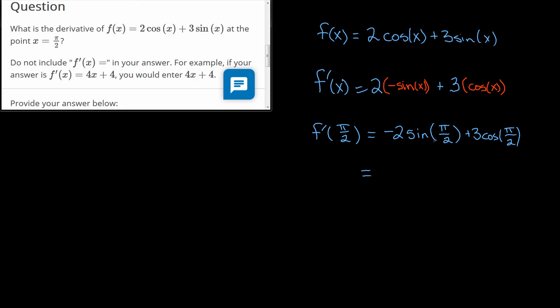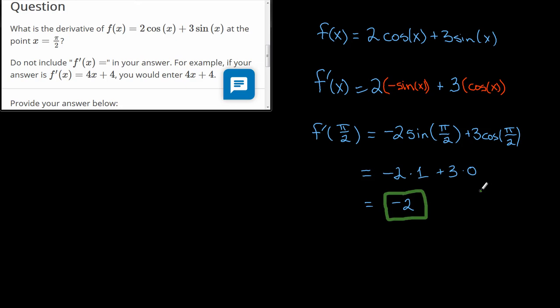The sine of pi over 2 is 1, so this is just negative 2 times 1. And the cosine of pi over 2 is 0. So our final answer is negative 2.